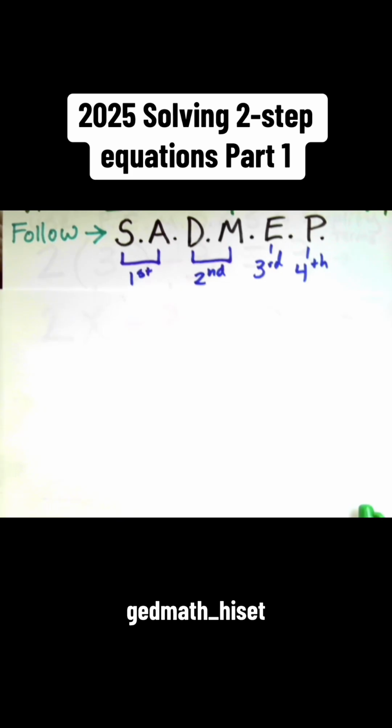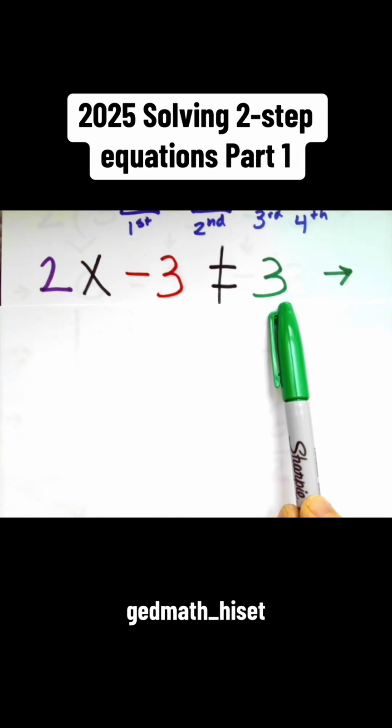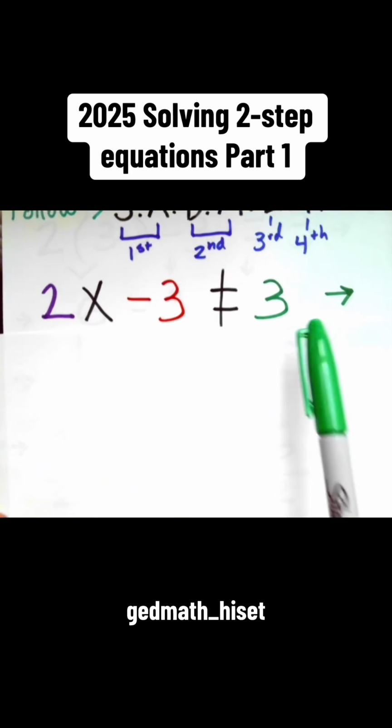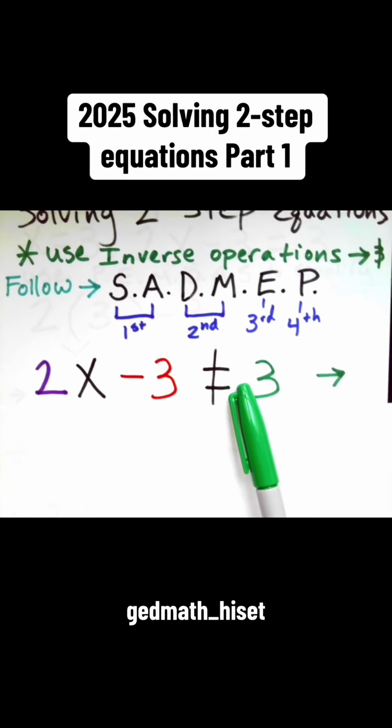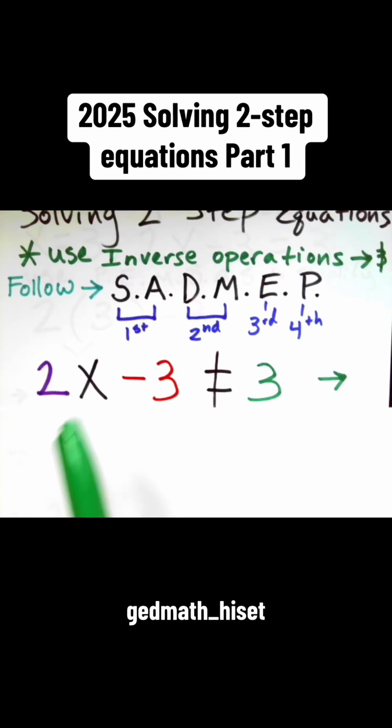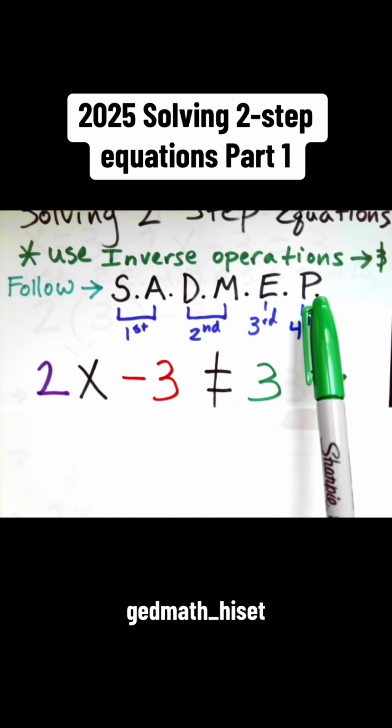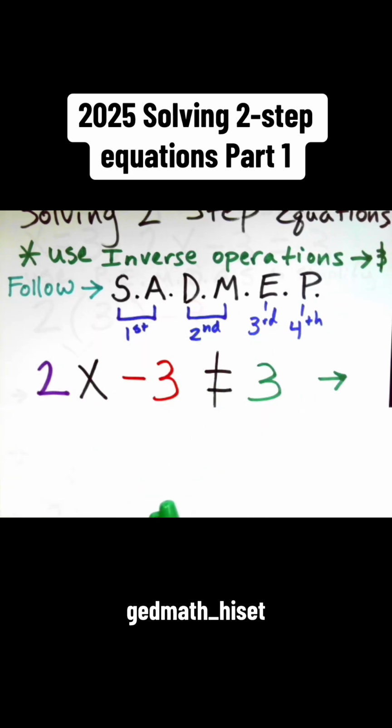So let's take a look at this first example. You got 2x minus 3 equals 3. Let's follow, using inverse operations, the reverse of PEMDAS, order of operations.